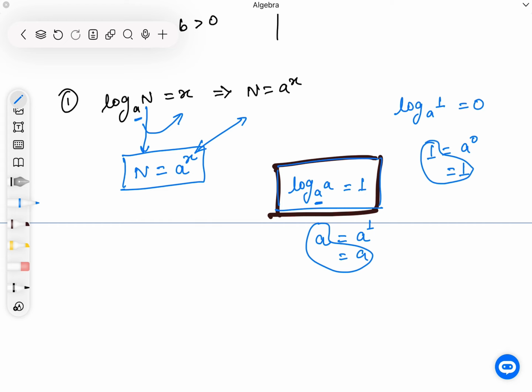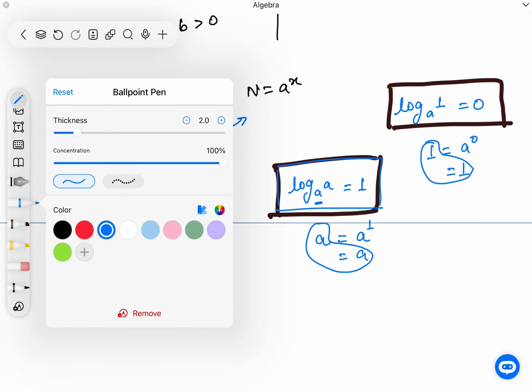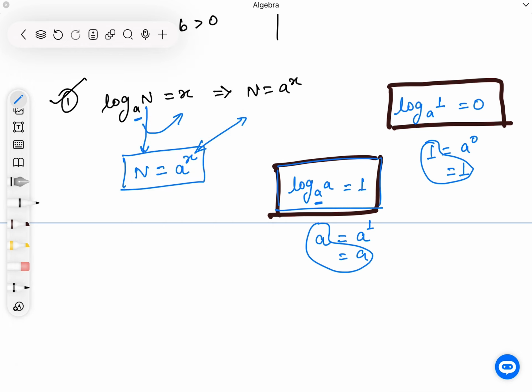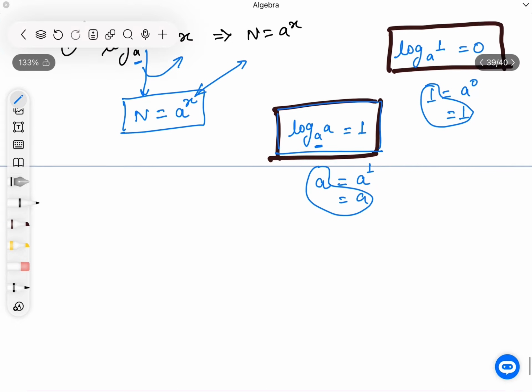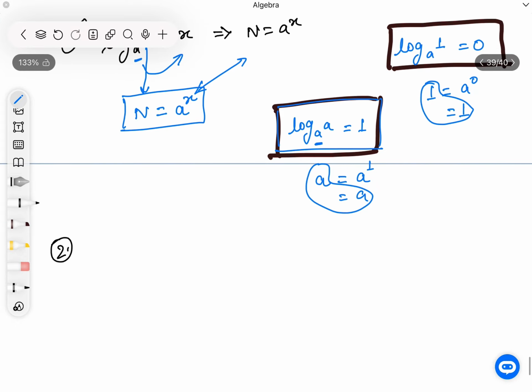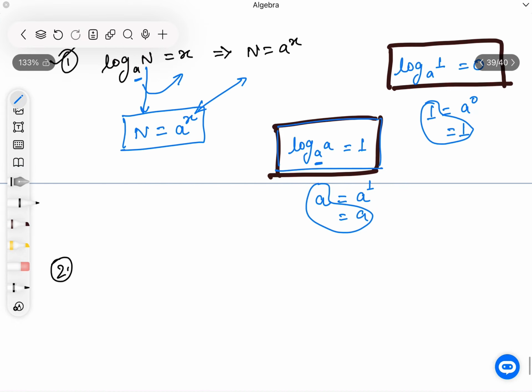So that means this is also true. So from this simple property we have concluded two more things. Cool. As you said, log is very, very easy.